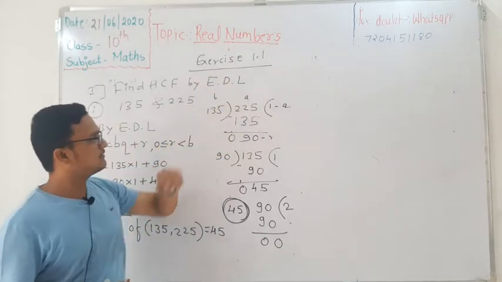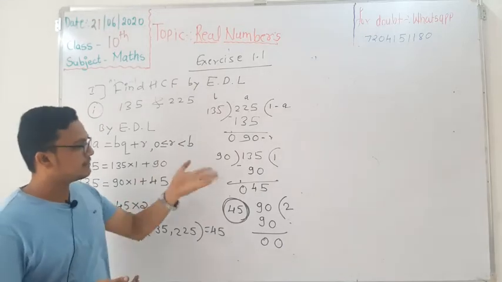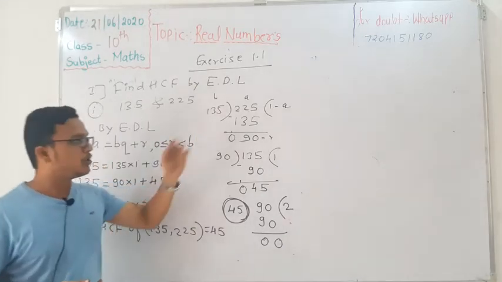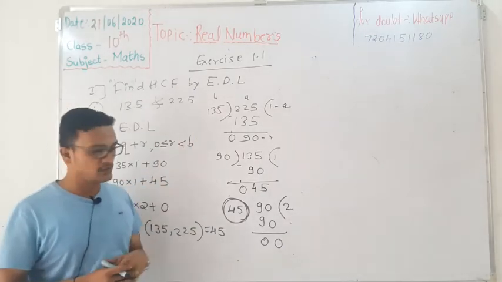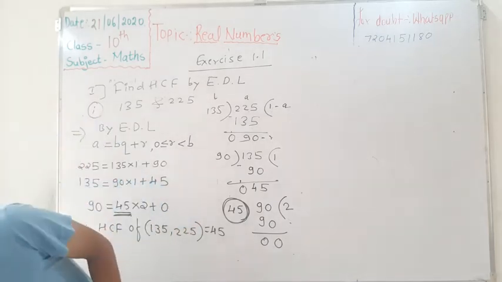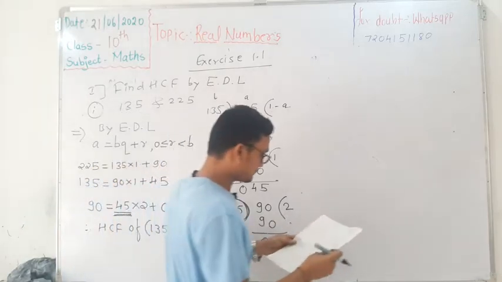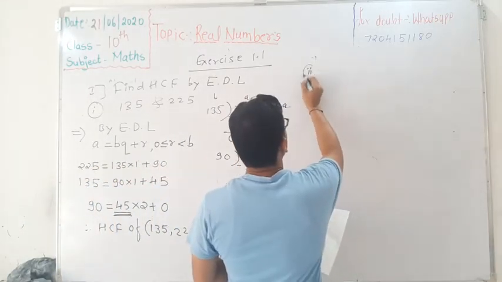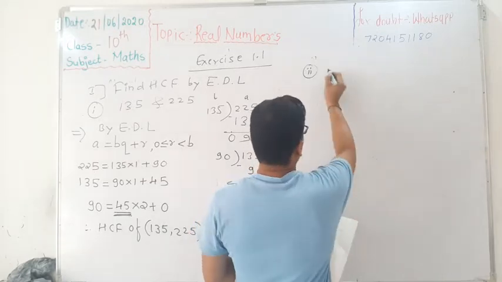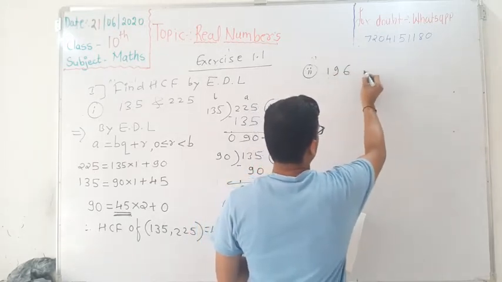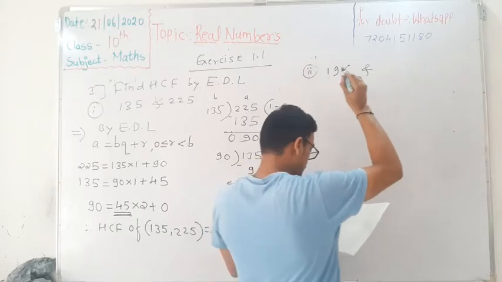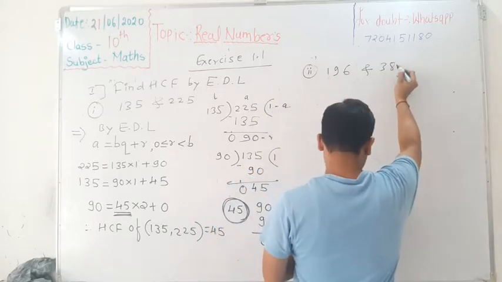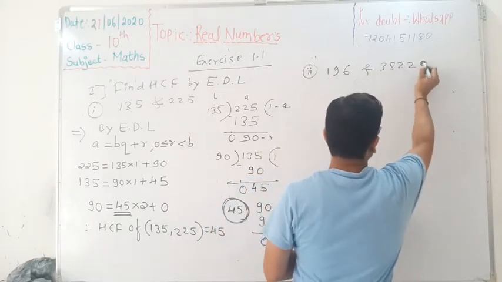But while finding with the Euclid division lemma, at the same time you have to follow the long division process method. We will solve another example just to make you understand. I'll take the second example: 196 and 38220.